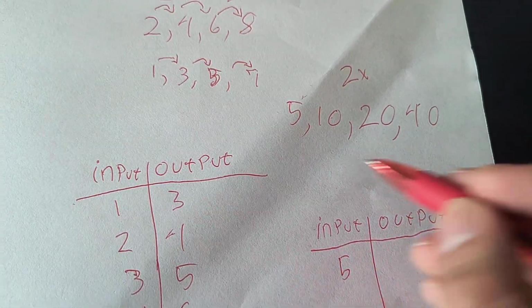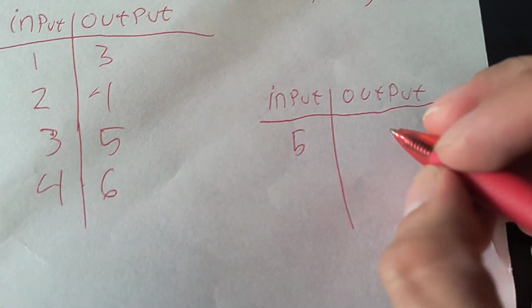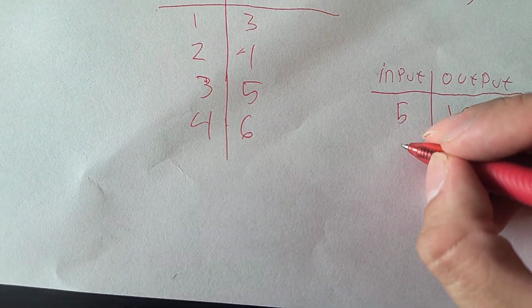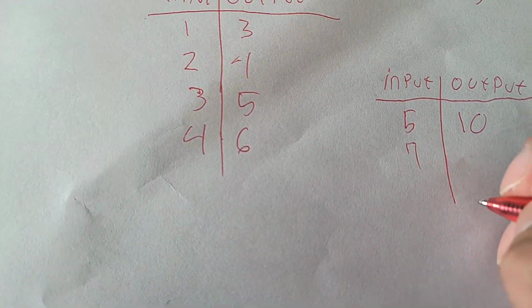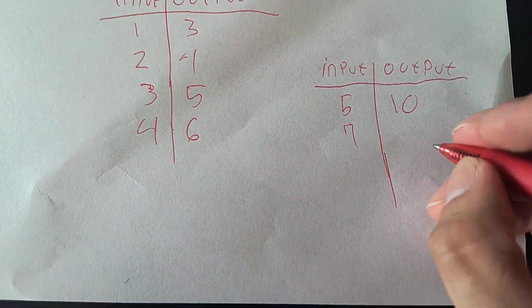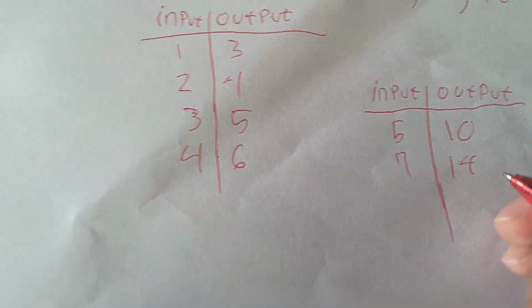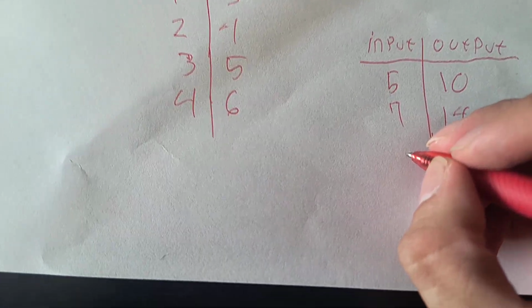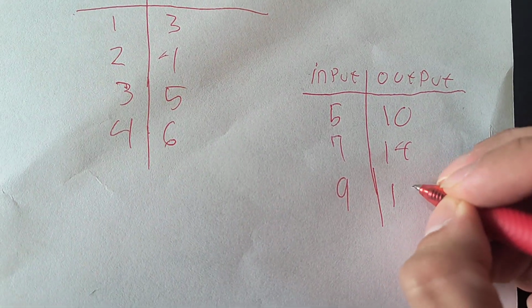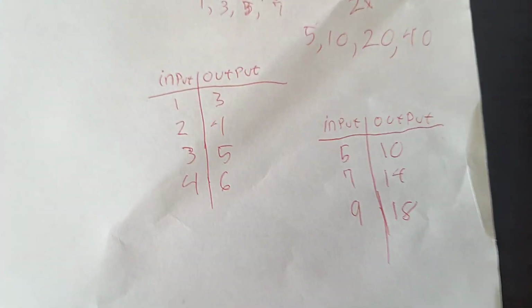We use the rule for this pattern, multiply by 2. 2 times 5 would be 10. That would be the output. And then if we use 7, let's say, it's another random number, and we use this rule on 7. 7 times 2 is 14. And then let's use another random number, let's say 9. 2 times 9 is 18, and etc., etc.